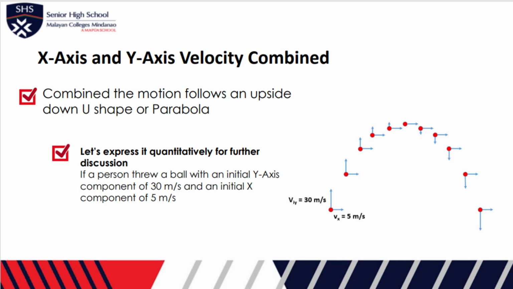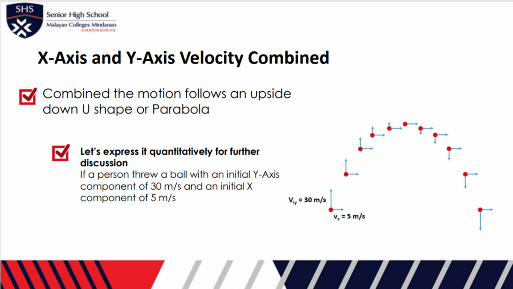Now, combining the two, the x and y axis velocity, we could create and follow an upside-down U shape, or again, we call that a parabola. Now, let us express this into quantity so that you may further understand the concept.